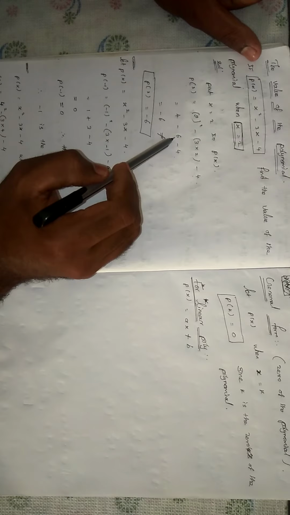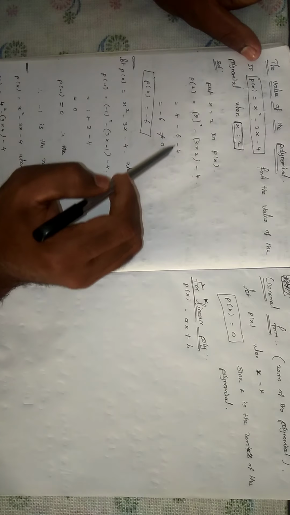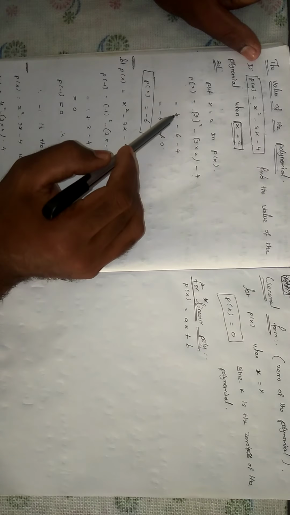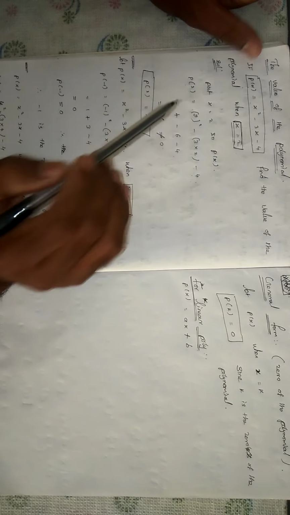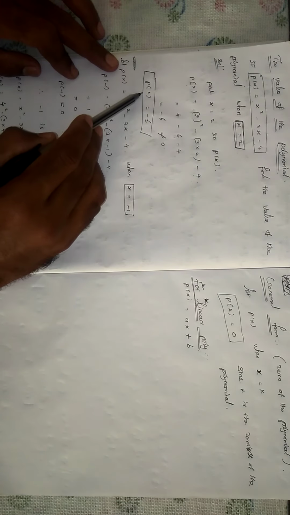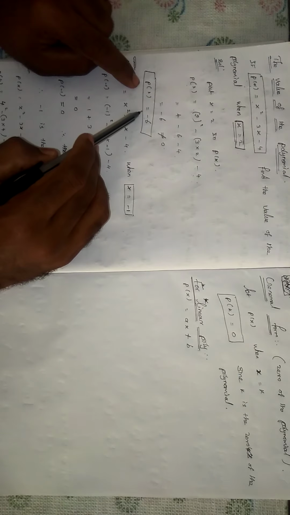So 4 minus 6 minus 4. Here both are negative symbols, so first we add the negatives. That is minus 10. So minus 10 plus 4 is minus 6. Right? Are you all clear? Next. So p of 2 is equal to minus 6. That is the value of the polynomial when x is equal to 2.